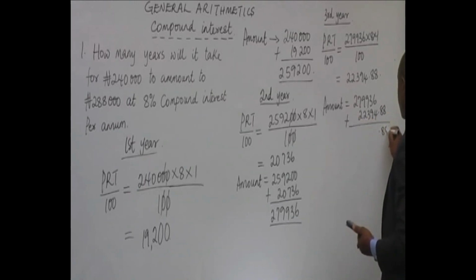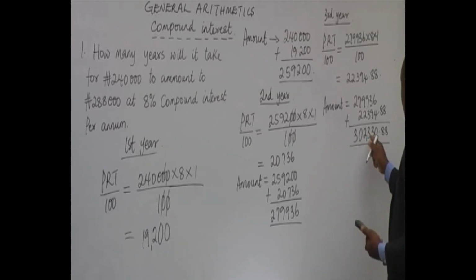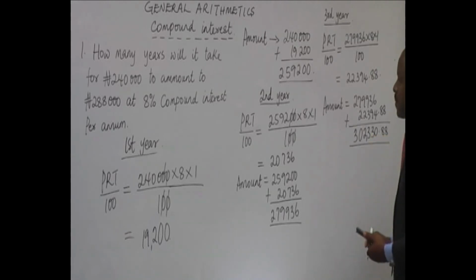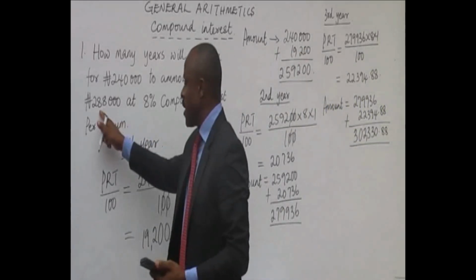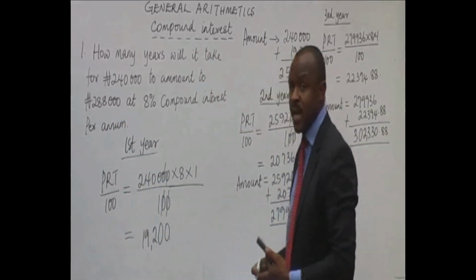Adding up, we have 302,330 naira 88 kobo. If you watch closely, you find out that it has exceeded the amount the question asked us. In how many years will we get it?